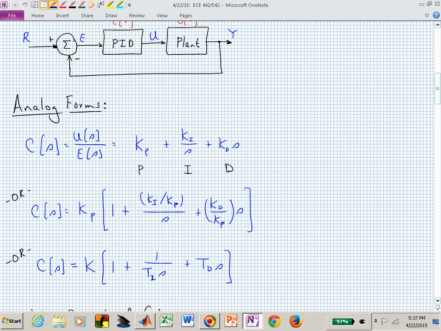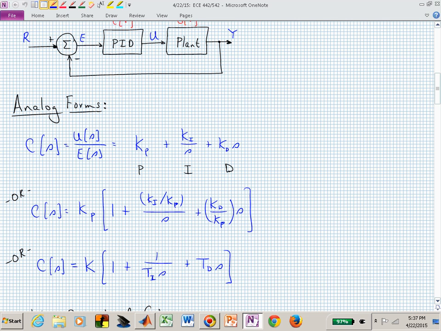So these T sub I, that's our integral time, and T sub D, which also scales S, is our derivative time. You might see people referring to these PID controllers in terms of the overall gain K and an integral time and a derivative time, but those are just ways of scaling the integral term in the controller and the derivative term.